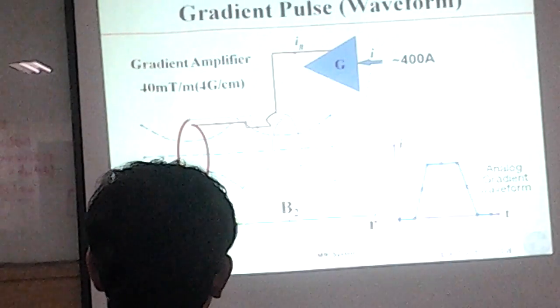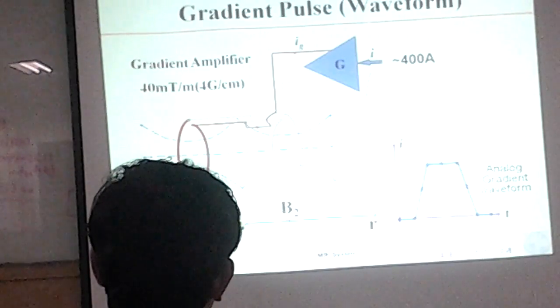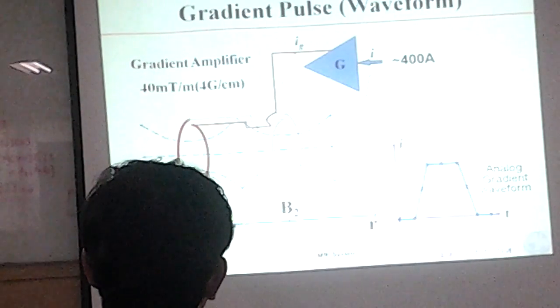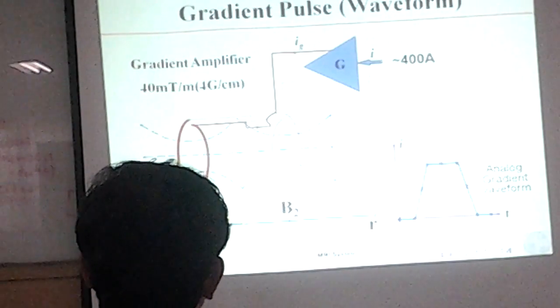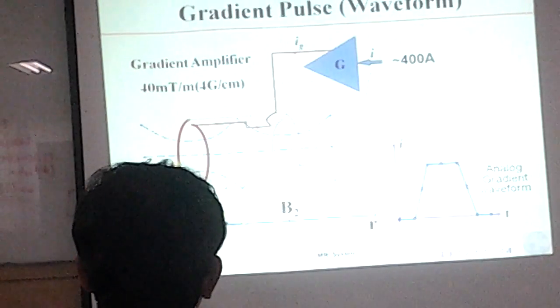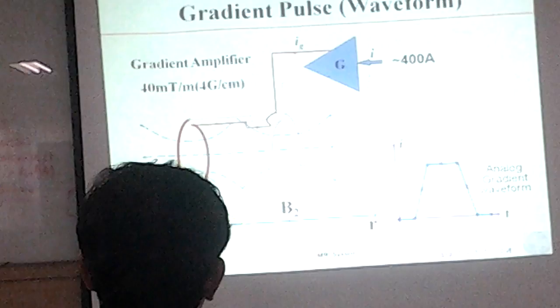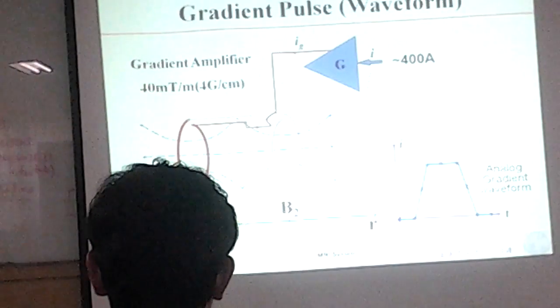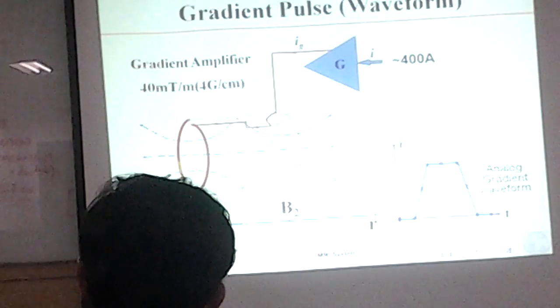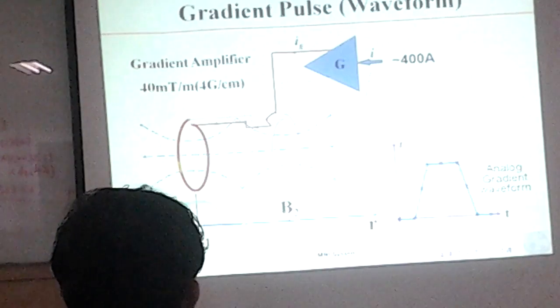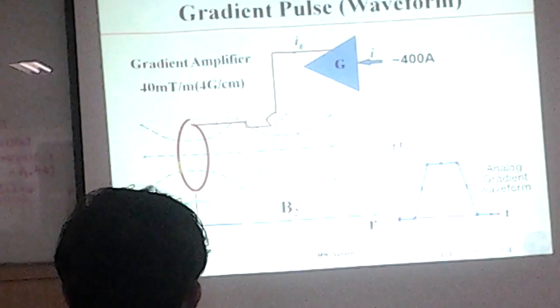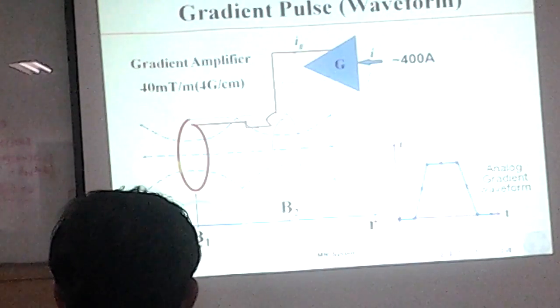For the ideal gradient waveform, maybe the rectangular shape is the ideal waveform. But in practice, there is some inductance and it has some frequency response characteristics. So we cannot use a rectangular shaped gradient waveform.